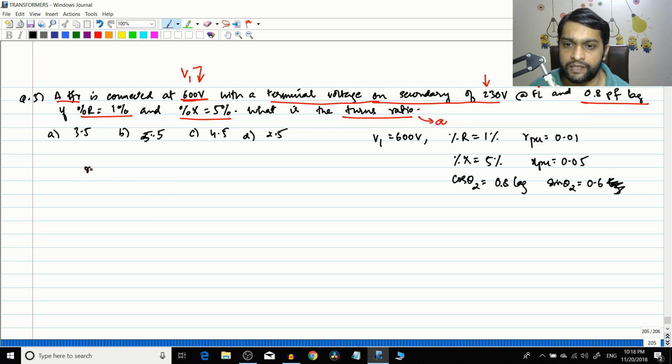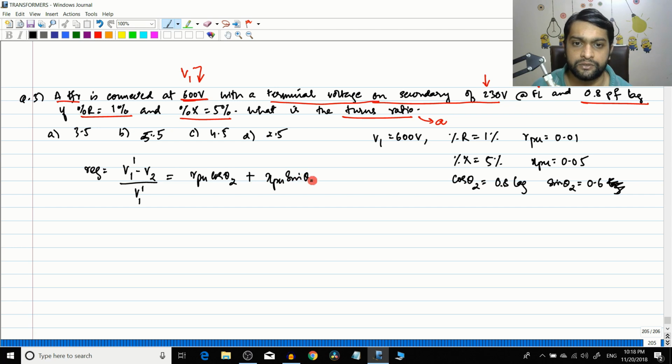So let's write down the regulation equation, the formula completely. V1 dash minus V2 divided by V1 dash is equal to RPU into cos theta 2, it's a lagging condition, so plus XPU into sin theta 2. This is the formula of the regulation.